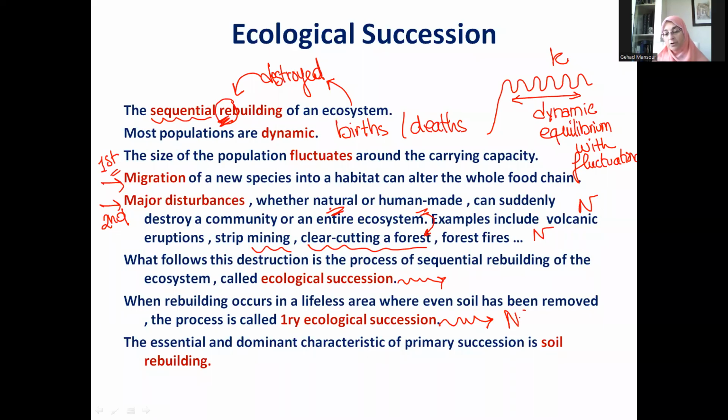So primary ecological succession applies when there is no soil. Okay, so the main challenge in primary ecological succession is to rebuild the soil, because if you don't have the soil, you wouldn't have autotrophs, you wouldn't have green plants, for example, and you wouldn't have the essential producers for that ecosystem.